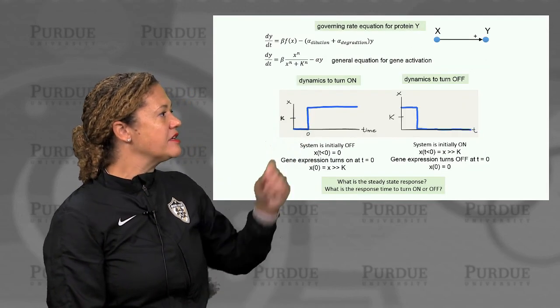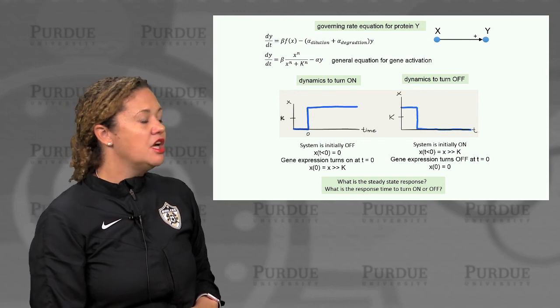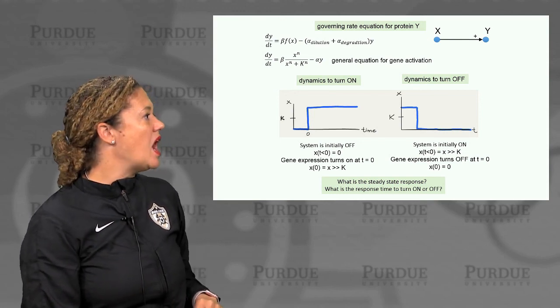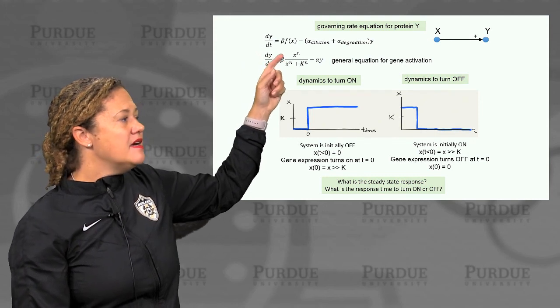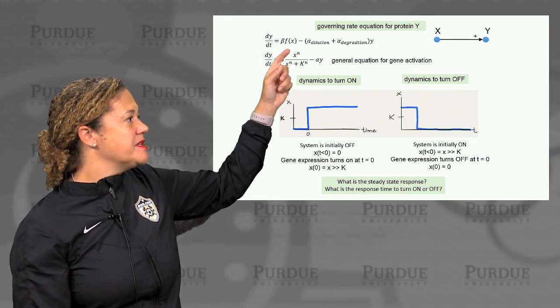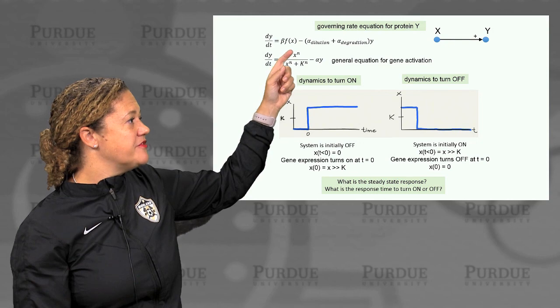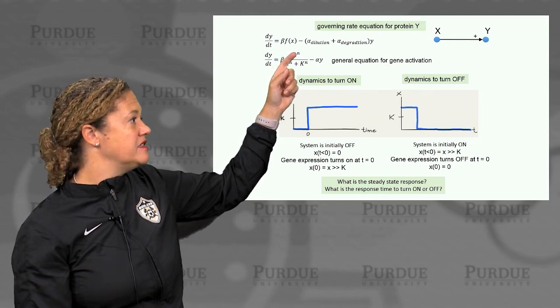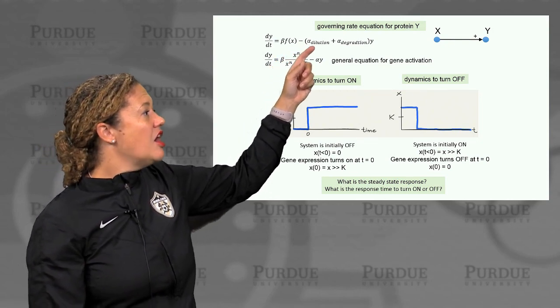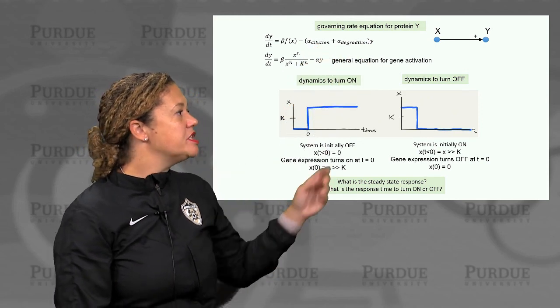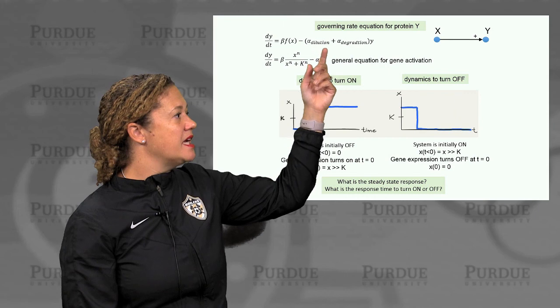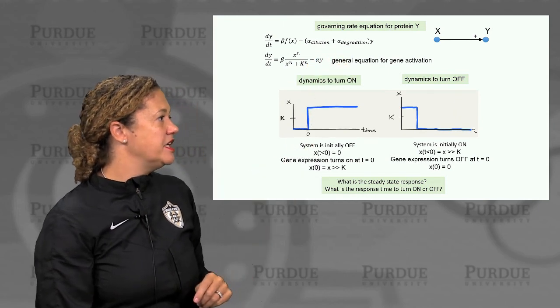So let's go back to our governing rate equation for expression of our protein Y. So we have dY/dt equals beta, our maximum expression rate, times the probability of expression, which is a function of our transcription activator, minus our decay of our protein Y, which has contributions from dilution or degradation.